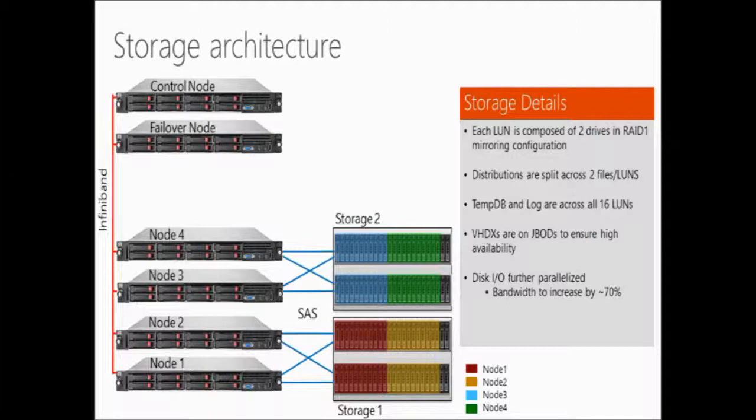What I mean with mirroring setup: when you check the hardware of JBOD, you'll see that it consists of two trays of disks. What we are doing is creating a mirror between these two disks. Let me draw. As you can see, node 1 is using the disks highlighted in red.